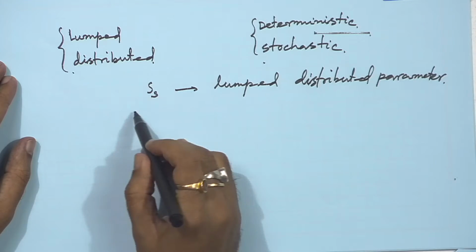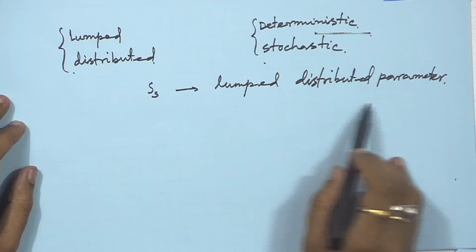What is SS? SS or specific storage is related to confined aquifers. Okay. Confined aquifers, and that is related to the volume of water due to the unit change in the hydraulic head.